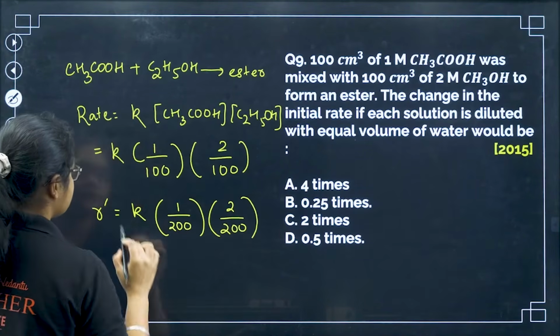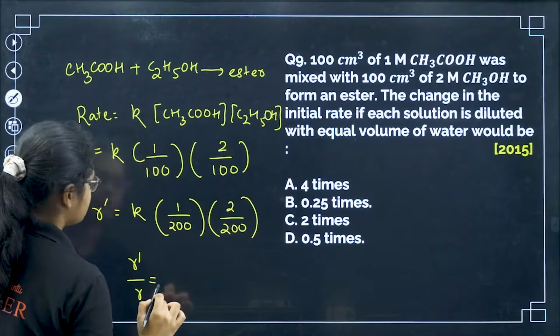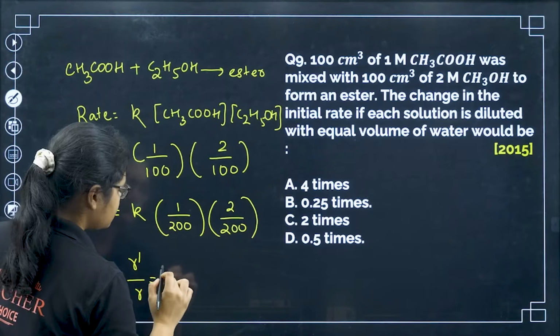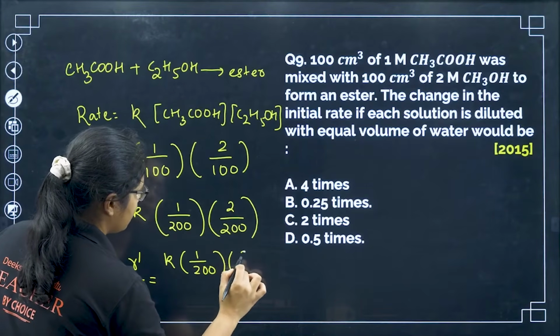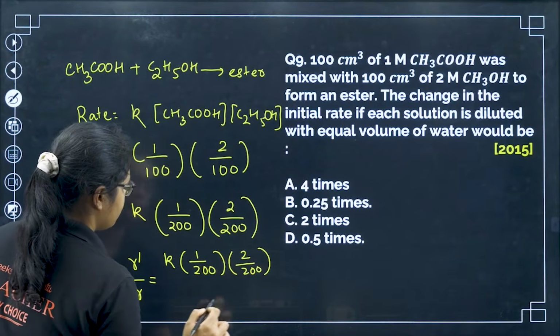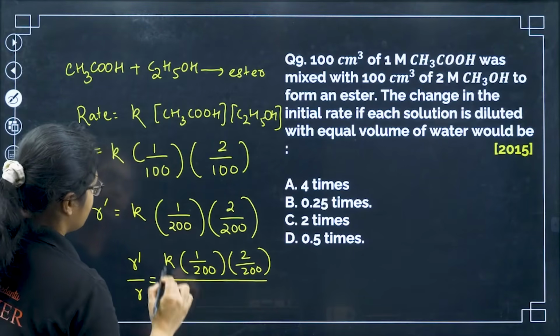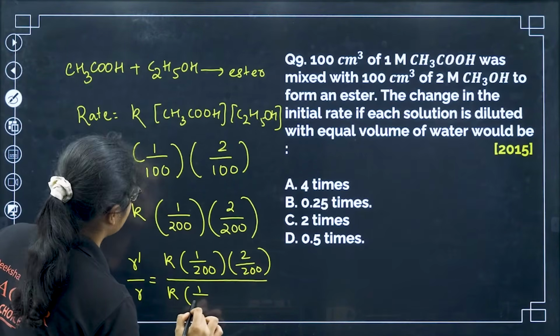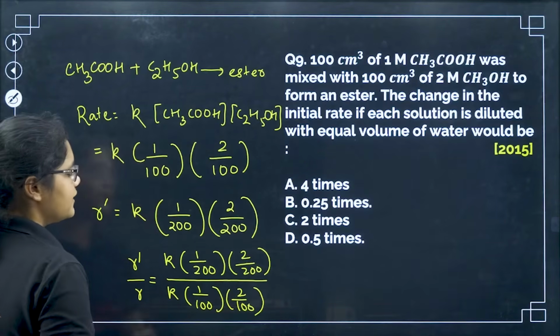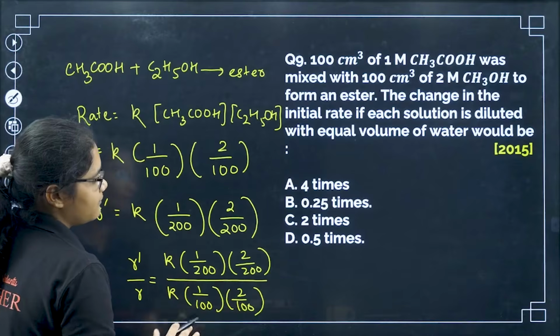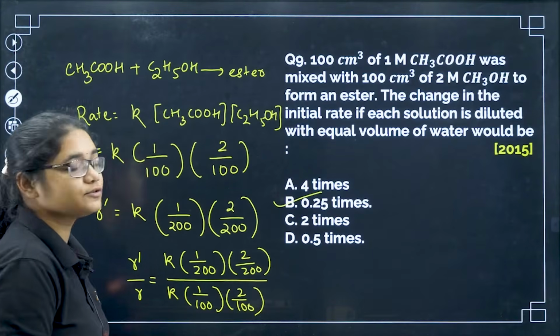Okay, so R dash by R. So here what I will get, it will be K into 1 by 200 divided by 2 by 200. Okay, and here I have K into 1 by 100 and 2 by 100. Okay, so now if I solve this, you will get 1 by 4 or 0.25 times, which is option number B here.